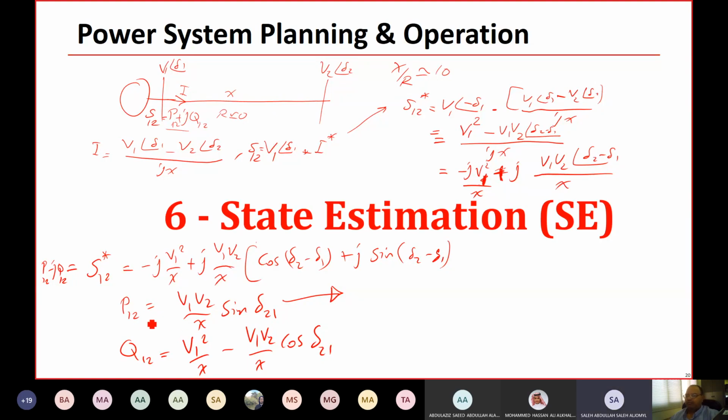It will be 0. If delta 2 equals delta 1, meaning delta 21 equals 0, so P12 equals 0. Is this good or bad from the power system point of view? Bad. It's bad. Very bad.